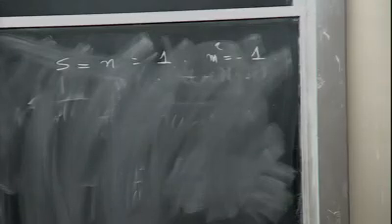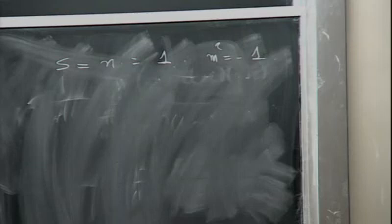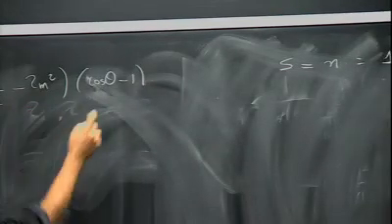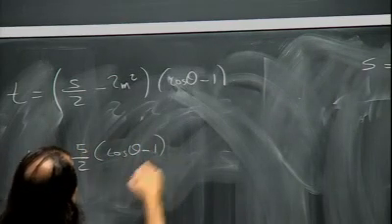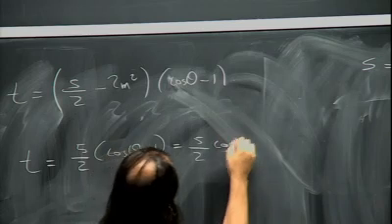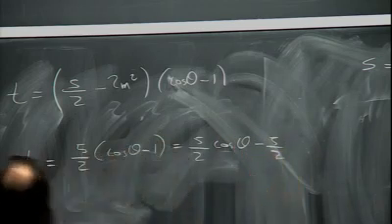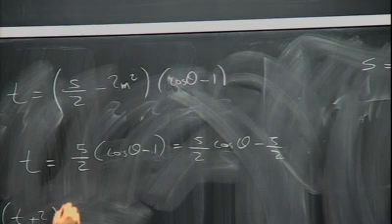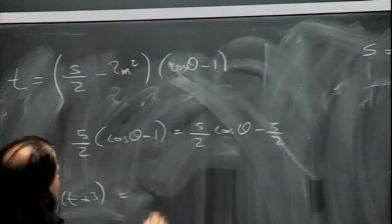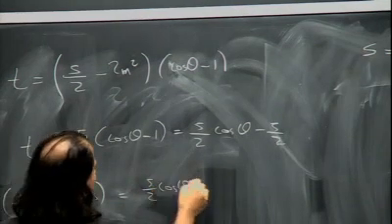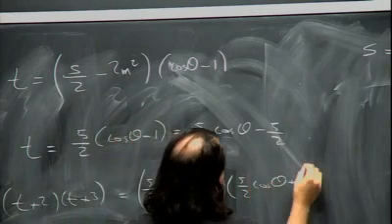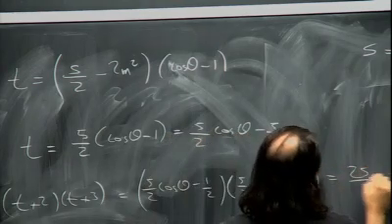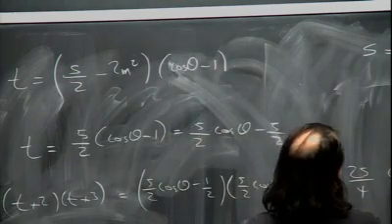So t itself is equal to what? t is 1/2 plus 2 times cos theta minus 1. So it's 5/2 times cos theta minus 1, 5/2 cos theta minus 5/2. And therefore, t plus 2 times t plus 3 is equal to 5/2 cos theta minus 1/2 times 5/2 cos theta plus 1/2, which is 25/4 cos squared theta minus 1/4.